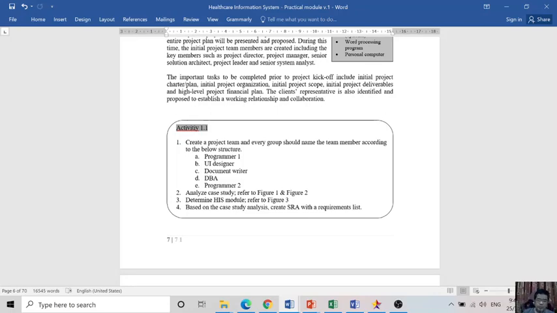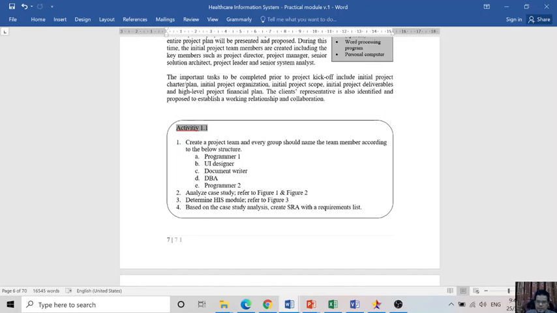So what is the role of programmer 1 and programmer 2? They will do the coding. I'm free that you can also share the programming work with the UI designer, documenter or DBA, but this is the main role. If programmer 1 and programmer 2 don't have enough hands to do the programming, the rest should help the members.